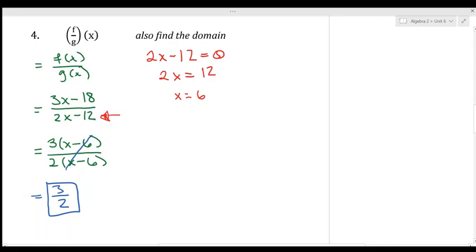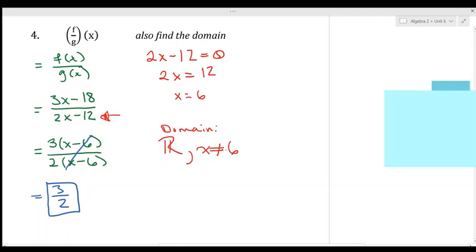Okay, so when we write out our domain, we write all real numbers. So this is our domain. We write all real numbers, which is the fancy R symbol with the 2 dashes for the beginning of the R, comma, x cannot equal 6. So whatever you solve for your x for the domain, that's what your domain cannot equal.